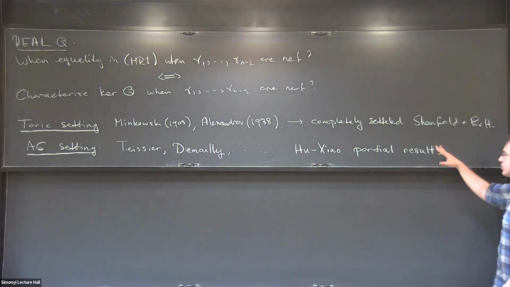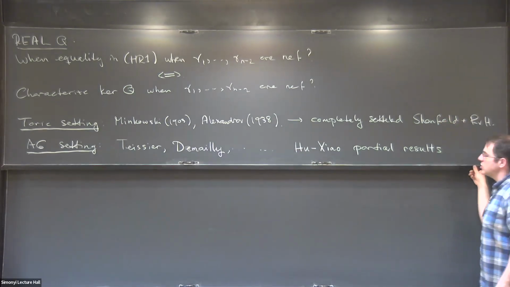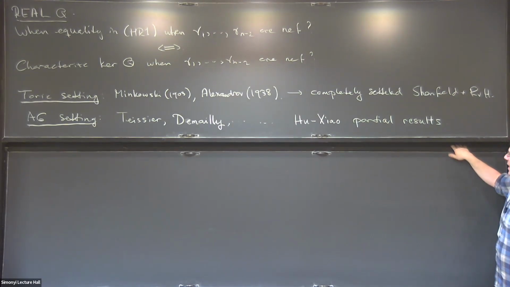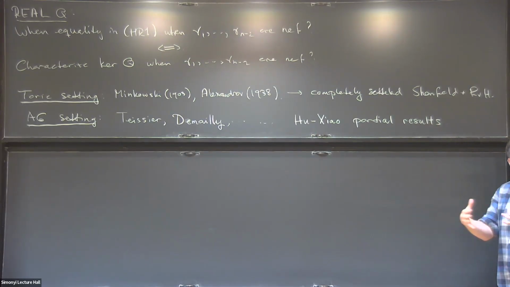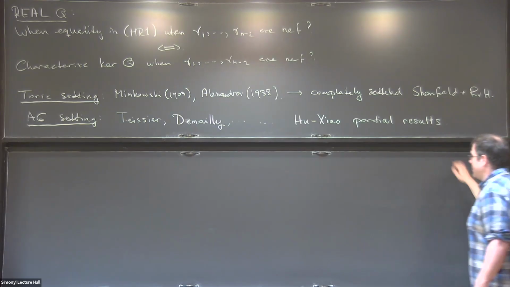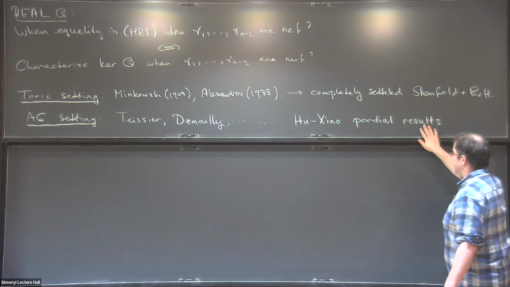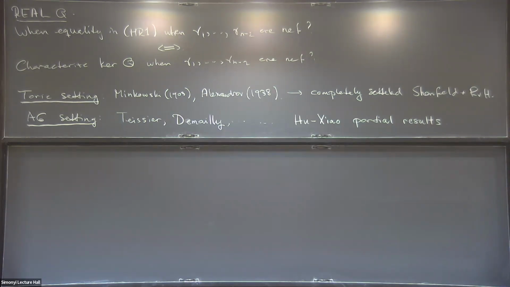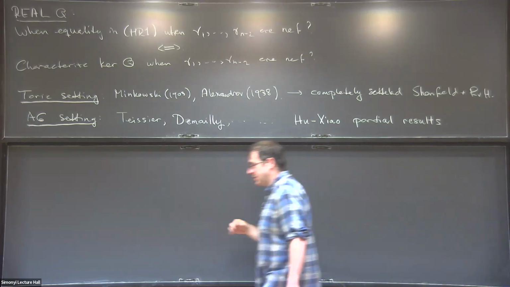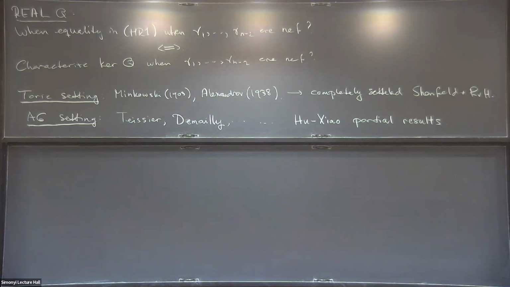They proved some partial results in this direction based on the technology that they were facing. The other thing that they did is they really clarified what you should conjecture, which is not entirely obvious. So there are these two papers, and what I'm going to be talking about is based on these.